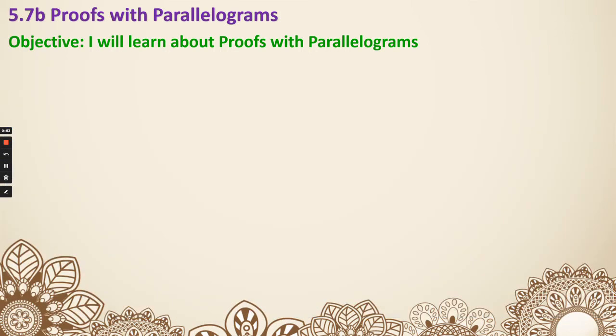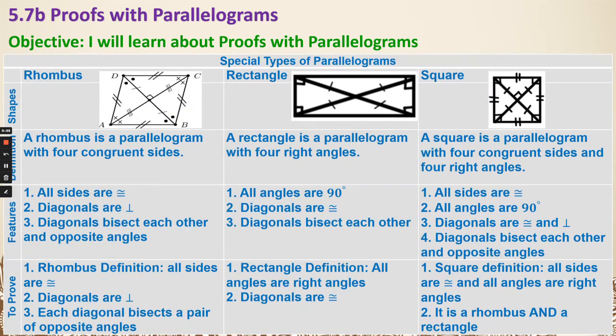And also we have talked about rhombus, rectangle, and square. Here are ways to prove them. For rhombus, the definition, all sides are congruent, or the diagonals are perpendicular. Or you can say each diagonal bisects a pair of angles, so being an angle bisector. That's for rhombus. For rectangle, we can prove they're all right angles. Also, we can prove the diagonals are congruent, and this is the special case for that one.